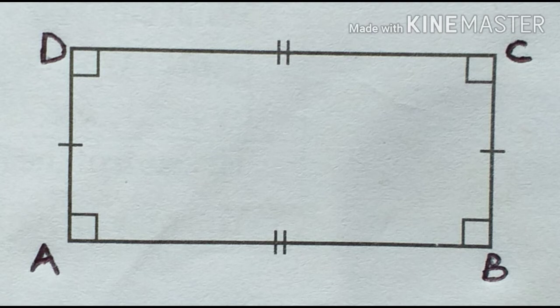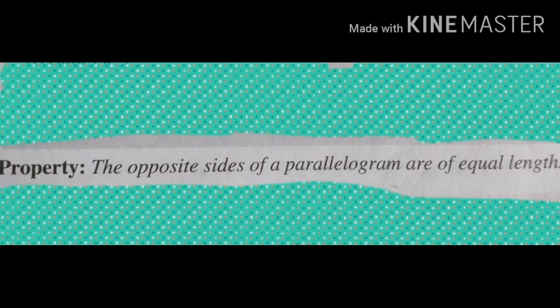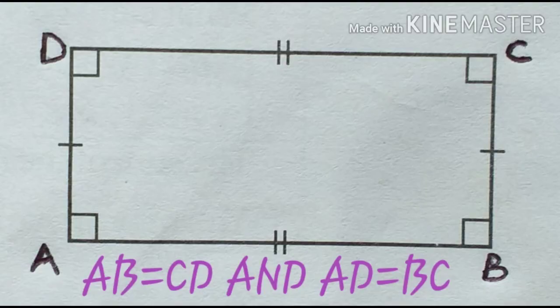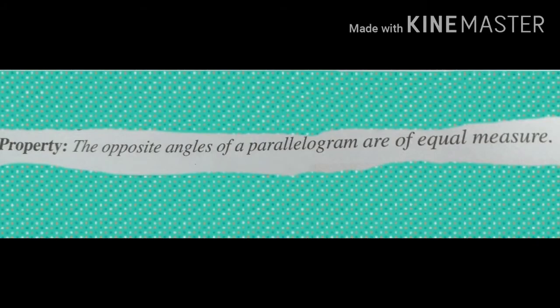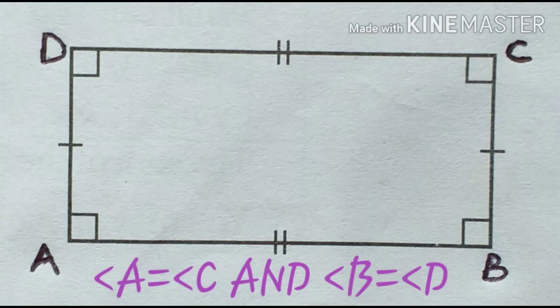What we have to remember parallelogram को opposite sides जहिले पनि equal हुन्छ. It has equal opposite side. Clear? This is the number one property of parallelogram. And number two property is that opposite angles of the parallelogram are of equal measures. Opposite angle. Just look at here.